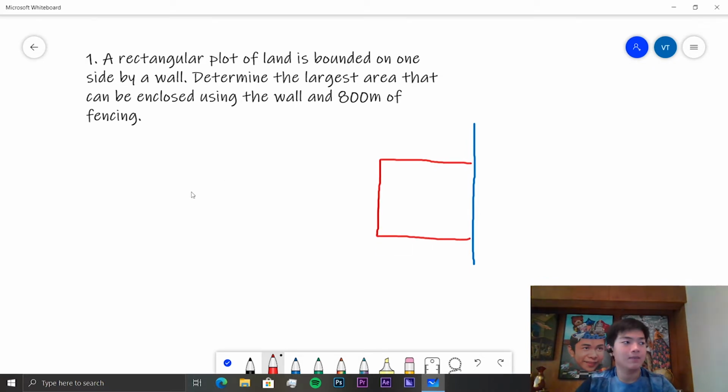And we need to assign some variables to calculate the area. So say, let's call this height x, like this distance here, x, and therefore the distance of this side of the fence is also x, and therefore this remaining section of fence must be 800 minus 2x.